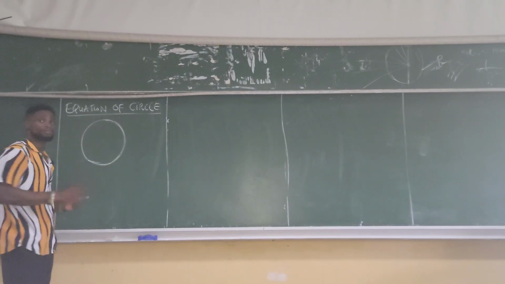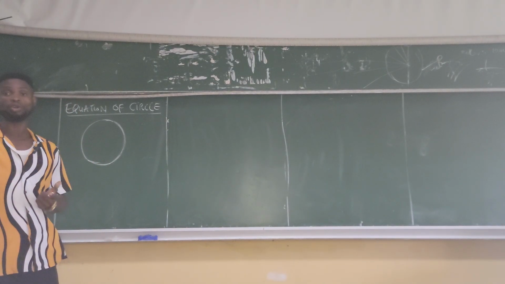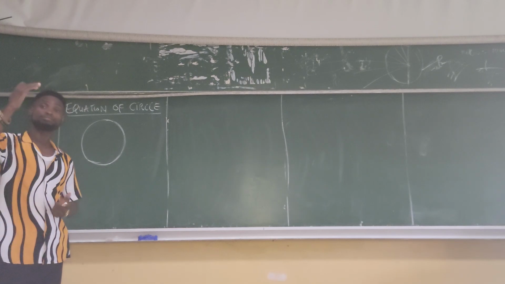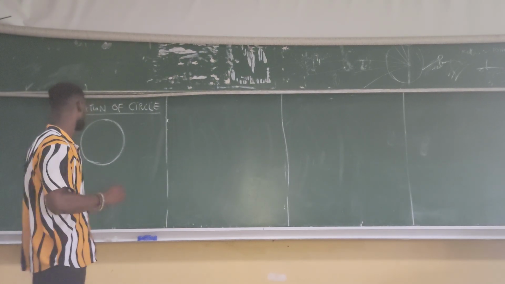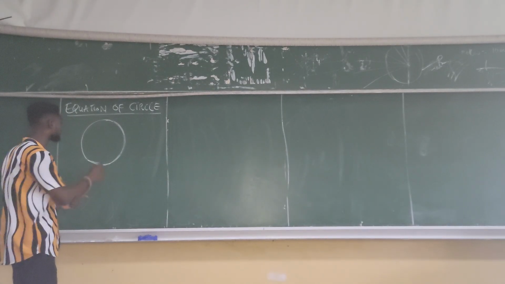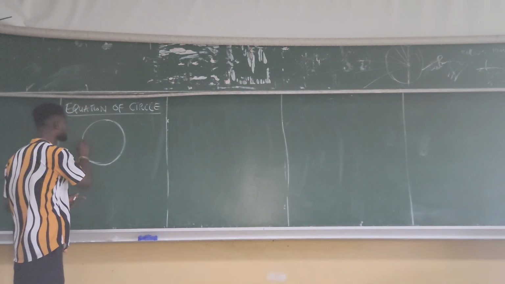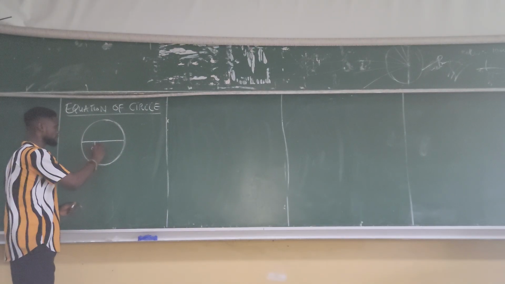We have the minor arc and the major arc, or you can call it the major segment or minor segment. But what is important is that half of a circle is what we mean by diameter.